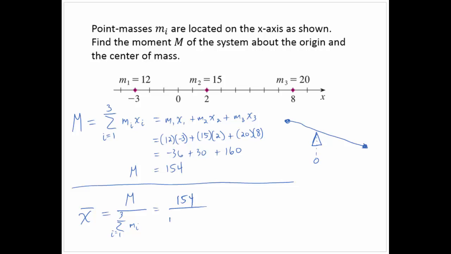The masses are 12, 15, and 20, so that's 154 over 47, which is approximately 3.28. So to balance this system, I would place the fulcrum right about there, at approximately 3.28. If I place the fulcrum right there, the rod would balance perfectly.